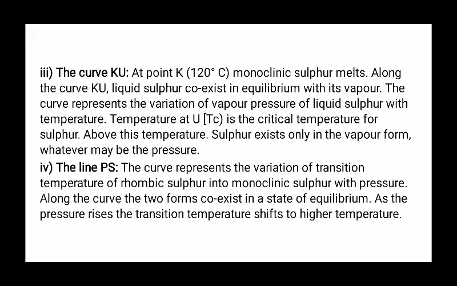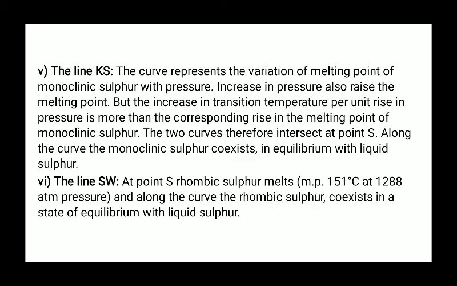Line PS. The line PS represents the variation of the transition temperature of rhombic sulfur into monoclinic sulfur with pressure. Along the curve, the two forms coexist in a state of equilibrium. As pressure rises, the transition temperature shifts to a higher temperature. The line KS represents the variation of the melting point of monoclinic sulfur with pressure.